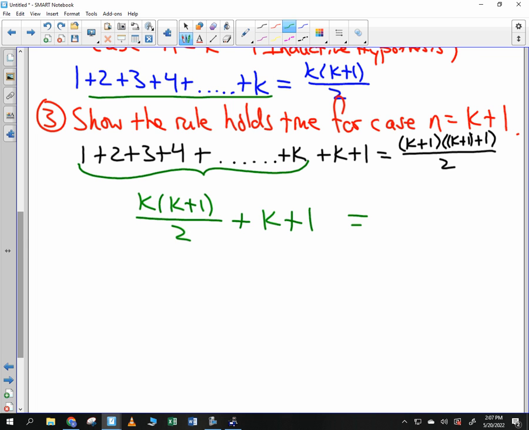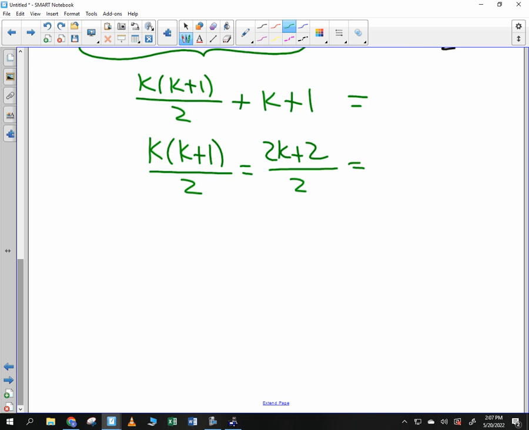Okay, so you want to create common denominators? Good idea. Let's do that. k times k plus 1 divided by 2 plus 2k plus 2 divided by 2. I just created common denominators like you said, right?